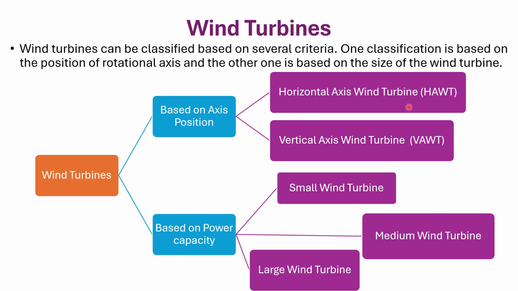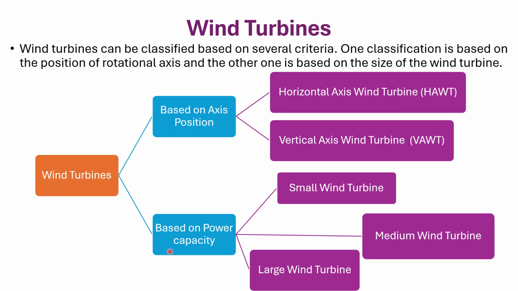Hence these wind turbines harvest less energy compared to the horizontal axis type. Additionally, vertical axis wind turbines are not self-starting machines and must be started in a motoring mode and then switched to generating mode. So that is another drawback of VAWT.